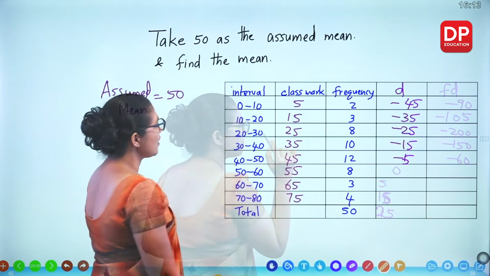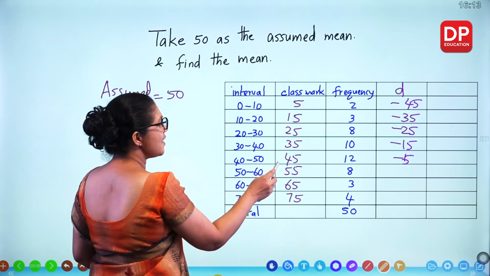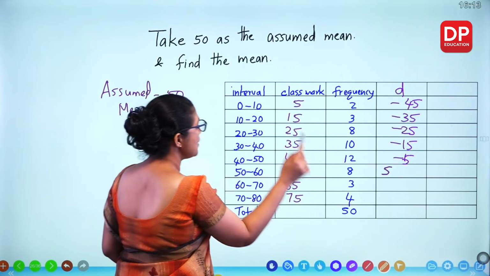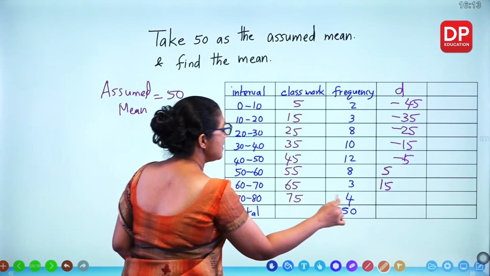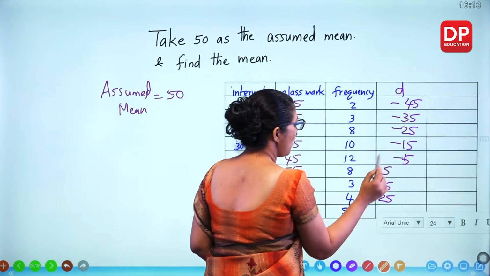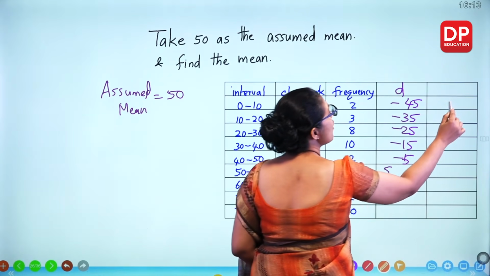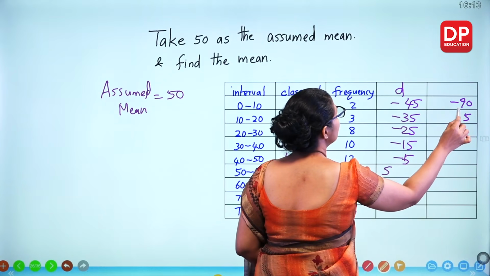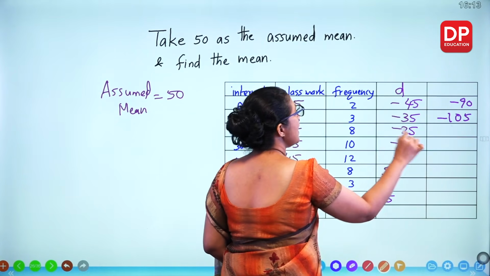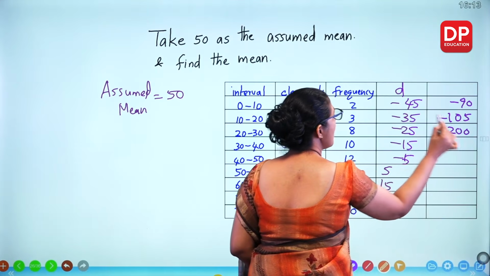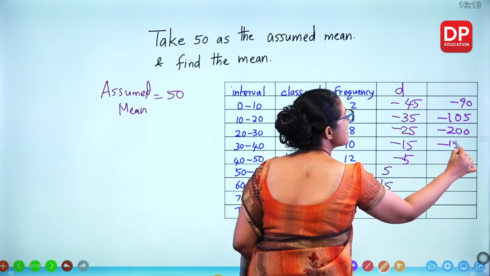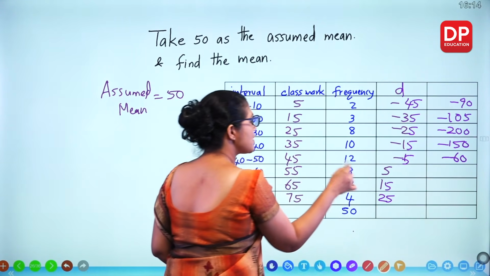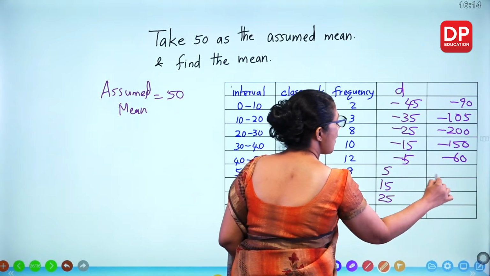So all these are negative. Now the positive values. 8 times 5, 40.